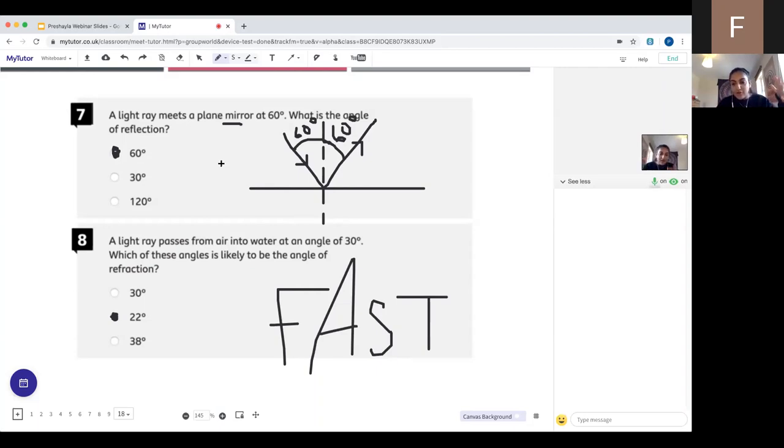It can travel faster because it's a lower density material. The particles are not as packed together. So faster away, and then slower towards. So slower is if it goes from a lower density material to a higher density material. The wave travels slower and it bends towards the normal.